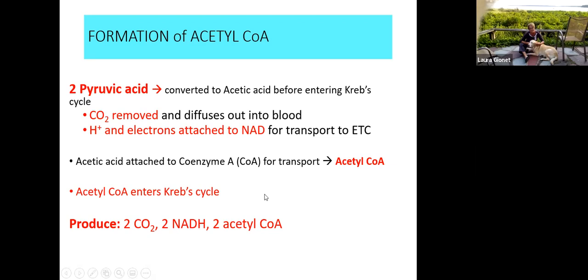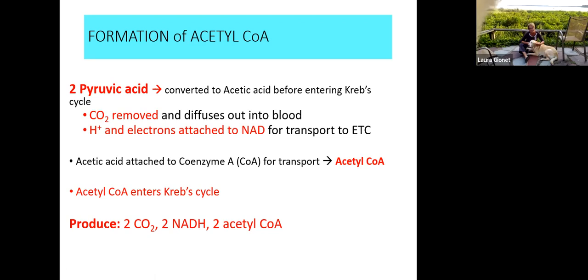Acetic acid can be attached to what's called a coenzyme A, or CoA, for transport, and thus becomes acetyl CoA. So we start with 2 pyruvic acids that we ended with in glycolysis. Remember, this is a 3-carbon chain pyruvate. We're going to remove one of the carbons and some oxygen.